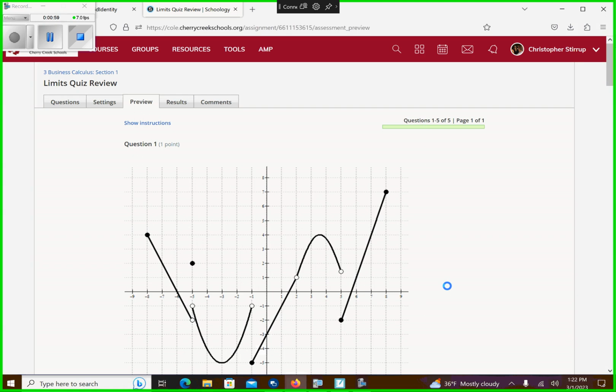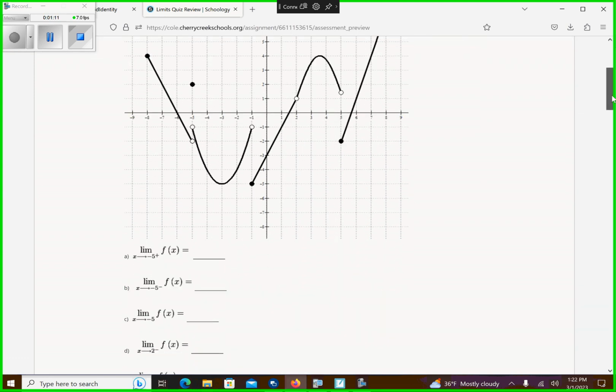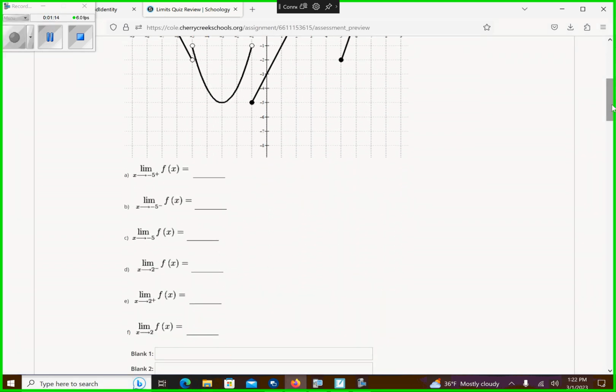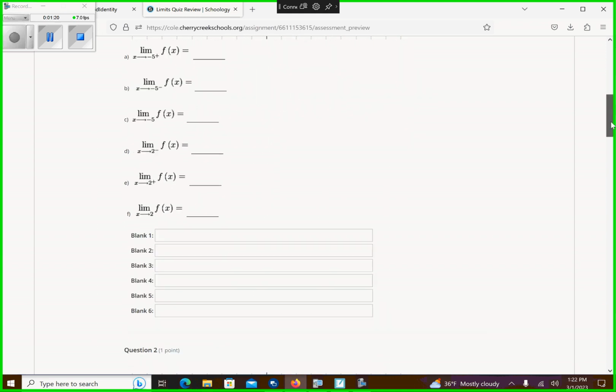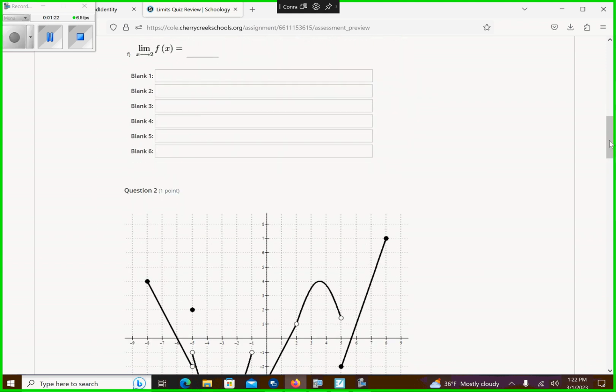Problem number 1. Once you find this, it comes down and it basically has some limits on it. So you just type in the limit. If the limit doesn't exist, the directions say write DNE. If it says infinity, INF, negative infinity, negative INF.